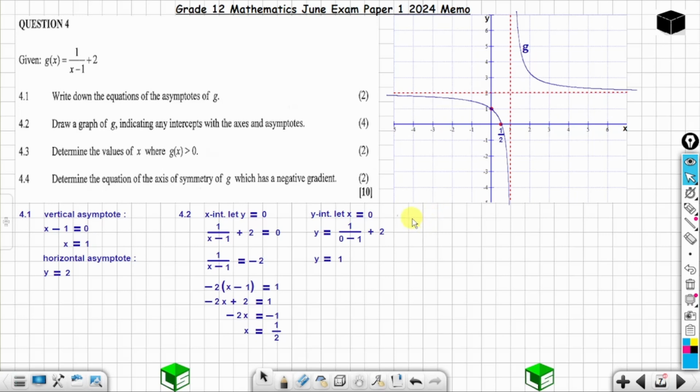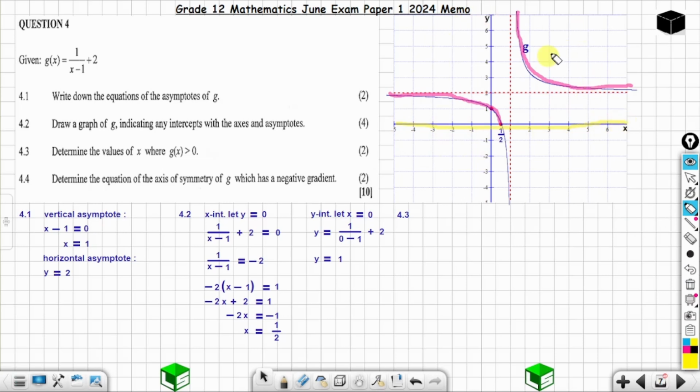Now question 4.3. Determine the values of x where g of x is greater than 0. 2 marks. For g of x to be greater than 0, you have the graph is above the x-axis. The graph is positive. So you are interested in this part and in this part, above the x-axis.